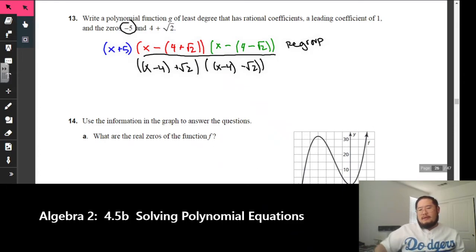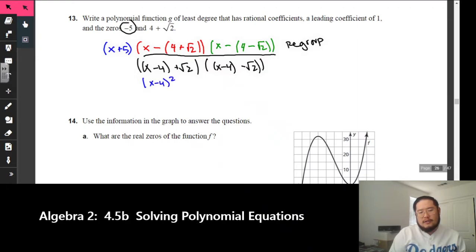Now, here's what's going to happen. If I FOIL this out, and this is the beauty of our conjugates, the first part, let's just multiply x minus 4 times x minus 4. I will be ending up with x minus 4 quantity squared.